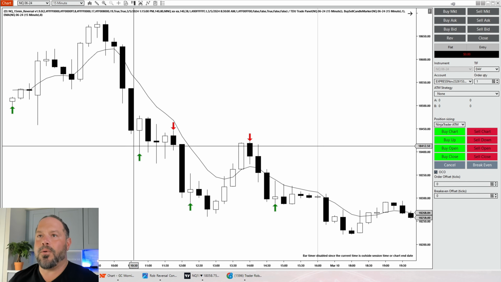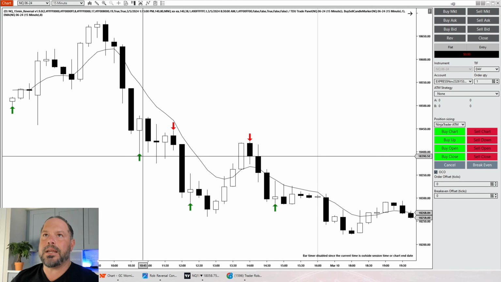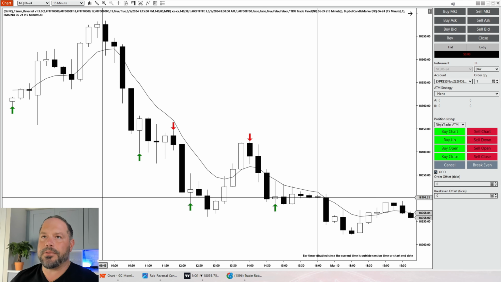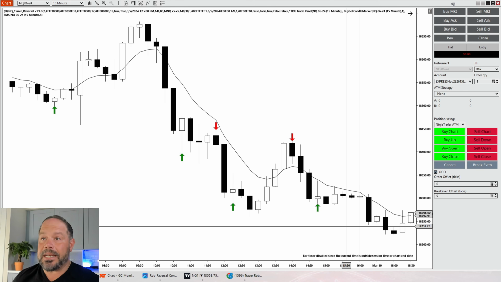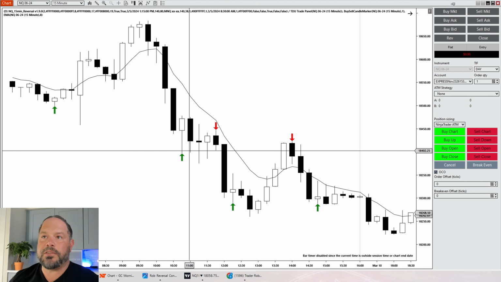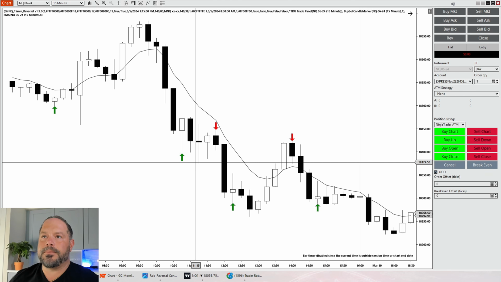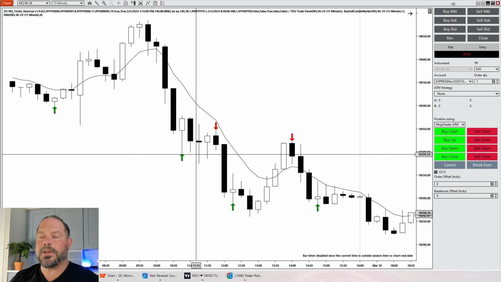Okay, so now you say, Rob, what are the green arrows and the red arrows? When I first started trading this strategy on the 1 minute and the 5 minute, about 1.5 to 2 years back, I paid for a coder to create an indicator for NinjaTrader that would paint the arrows when the setups occurred.